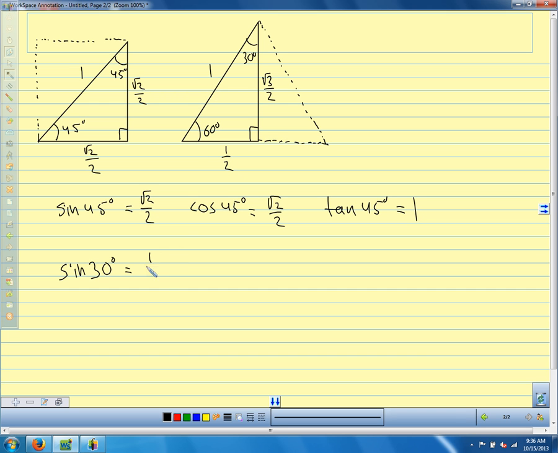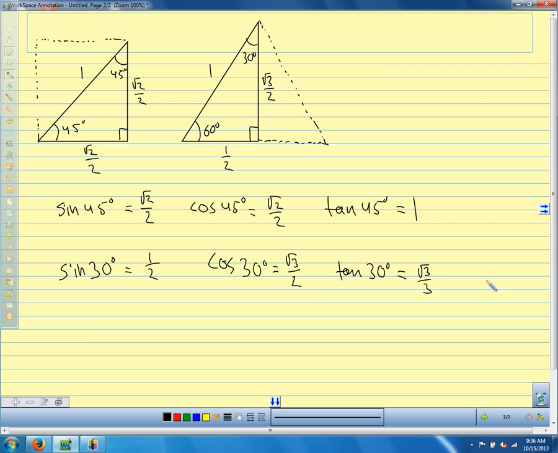So sine of 30 would be 1/2. Cosine of 30 degrees. What's that going to be? Square root of 3 over 2. Tangent 30 degrees. One half over square root of 3 over 2, which can simplify to square root of 3 over 3.